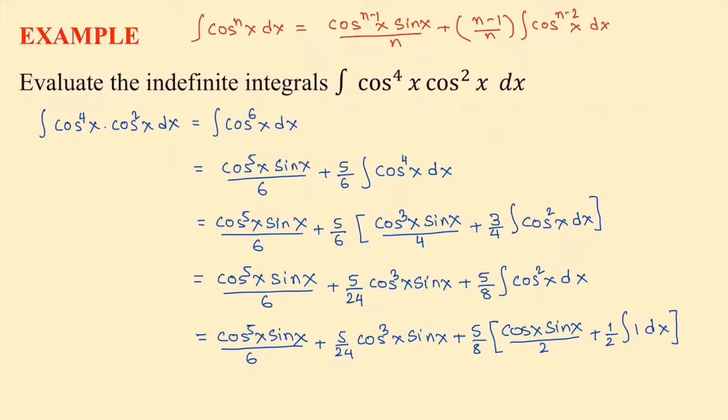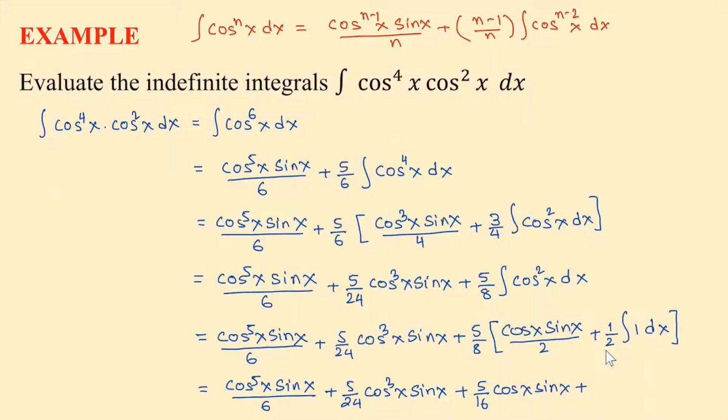Now the final step. We'll get our answer now. So we get cosine to the 5 x sine x over 6 plus 5 over 24 cosine cubed x sine x plus, here we are going to distribute this 5/8. 5/8 and 2 in the denominator will be 5 over 16, 5 over 16 cosine x sine x, then plus, if I distribute that 5/8, 5 times 1 is 5, 8 times 2 is 16.